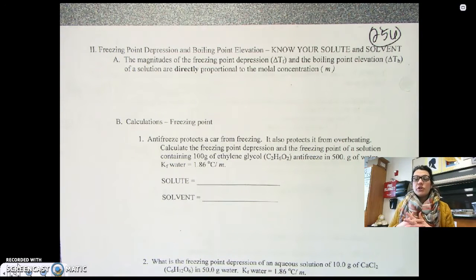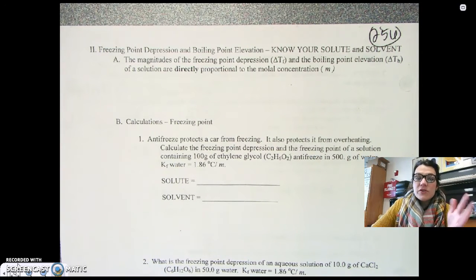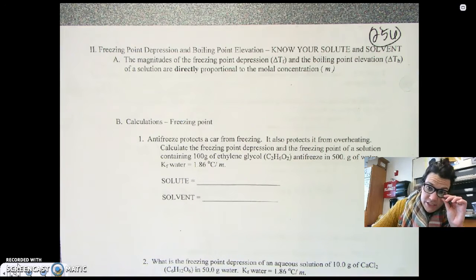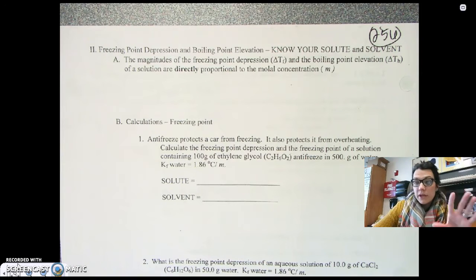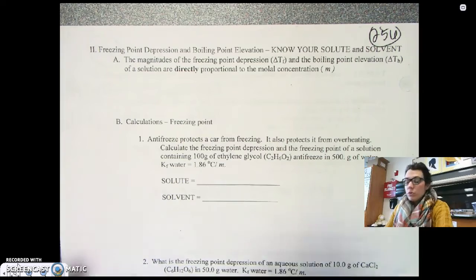Now the trick to these problems is you need to know your solute, and if you're getting more solute when it dissolves in water, and your solvent. The magnitudes of the freezing point depression, so delta T for freezing, and the boiling point elevation, so delta T for boiling, are directly proportional to the molal concentration.